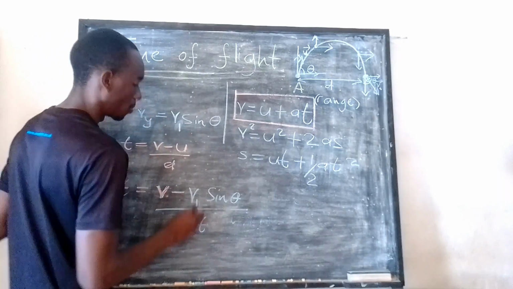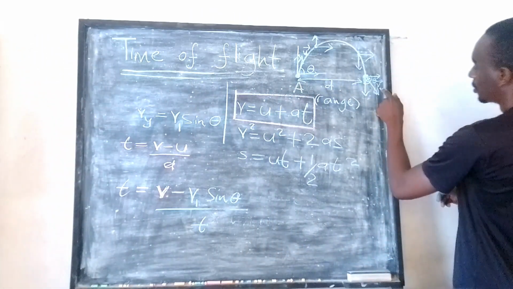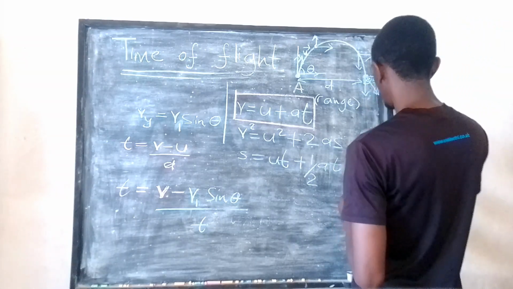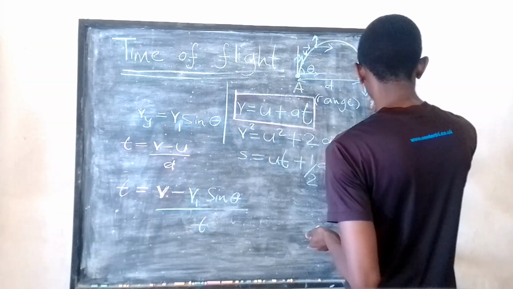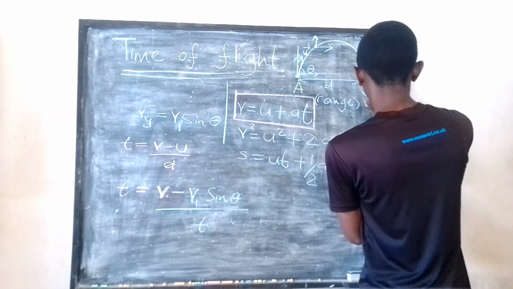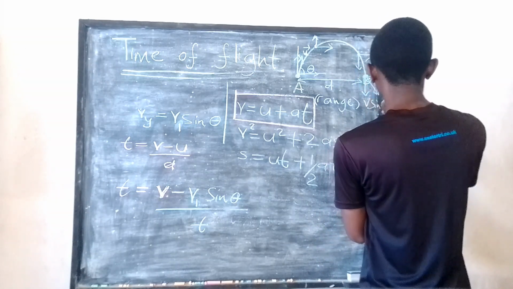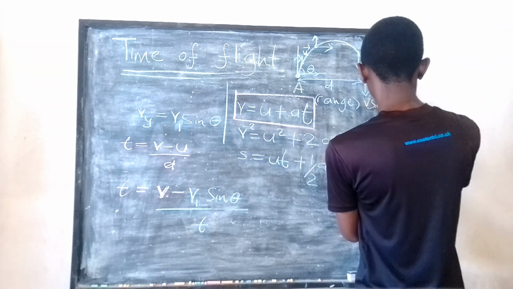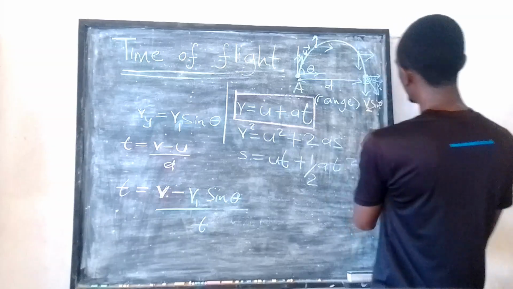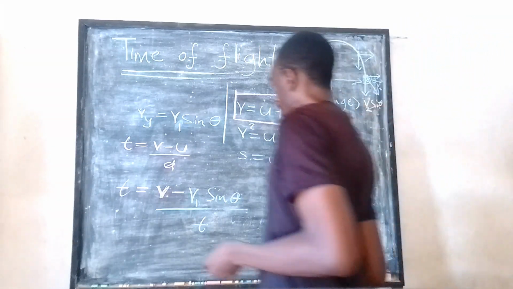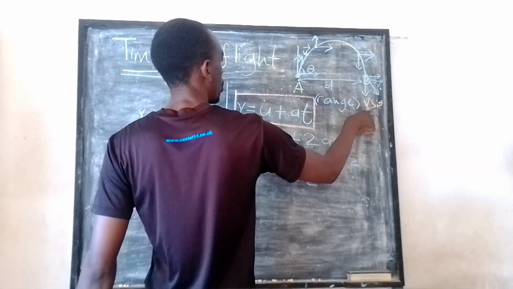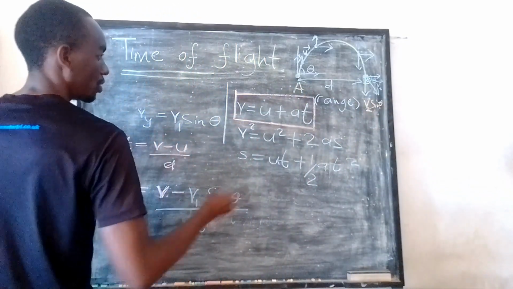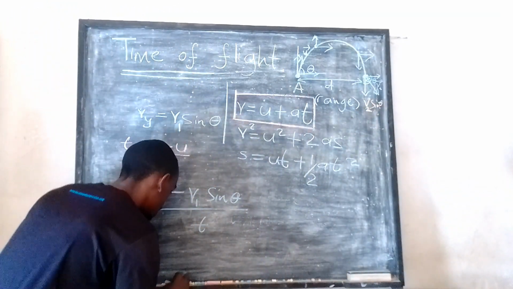So the vertical component associated with the motion at this point would then be v2 sine theta. This is the vertical component of the velocity at this point, which is at the same level with this point. So if we substitute it here, what do we get?